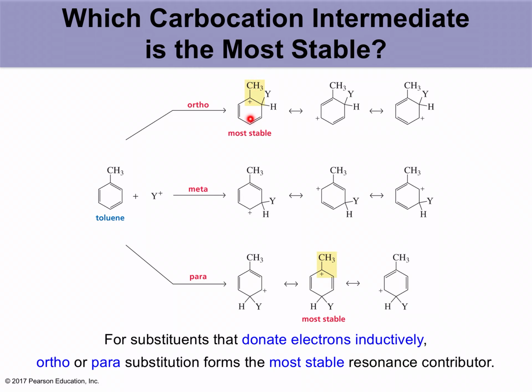And if it goes to the meta position, you see here the positive charge is not directly where the methyl group is, but on other places. One is here, and then the other one is here.